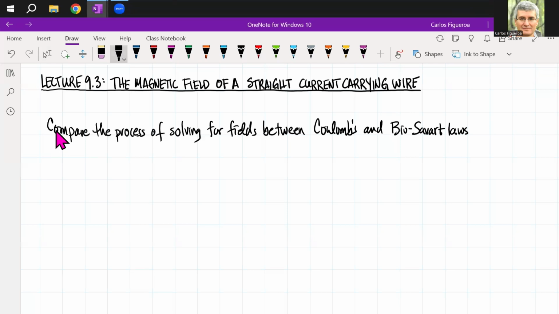So let's start here by listing steps. Let's say this is step one.